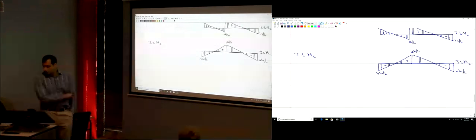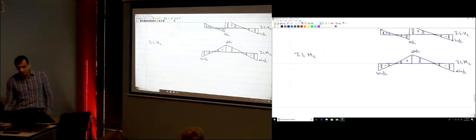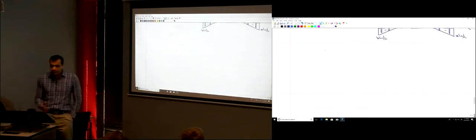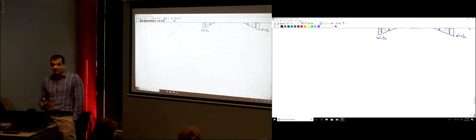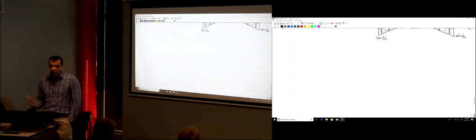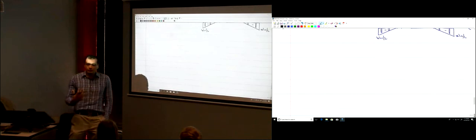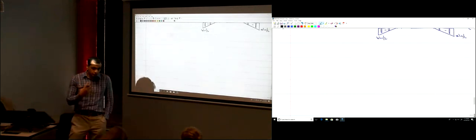Any question? Okay, now let's go to a very important point. Can you use the influence lines to calculate those functions, AY, BY, the shear at the point, the moment at the point? You're given a set of loads, and you're required to find the magnitude of those reactions or shear at the point or a moment at the point.